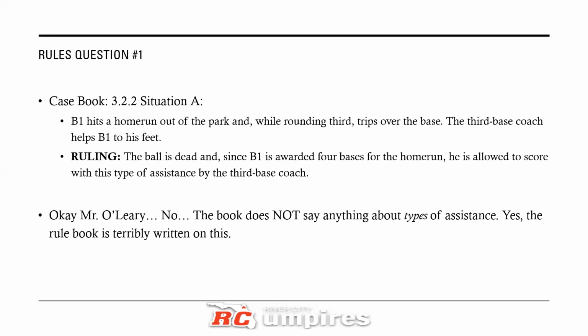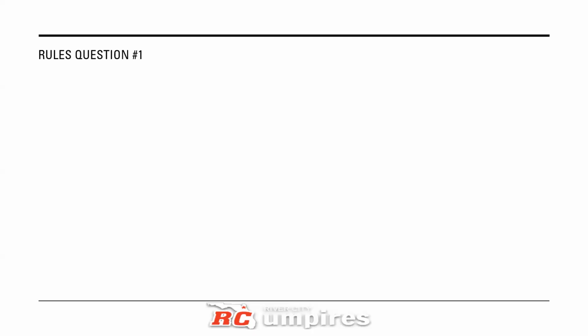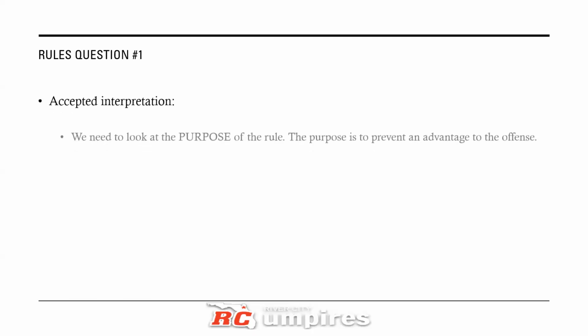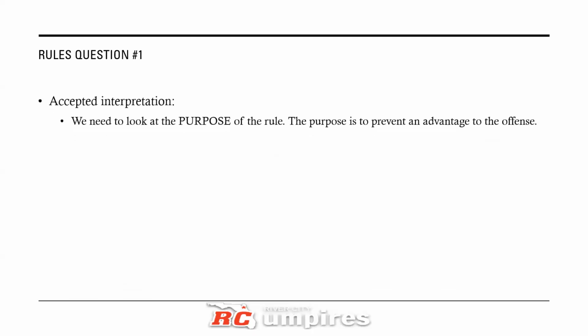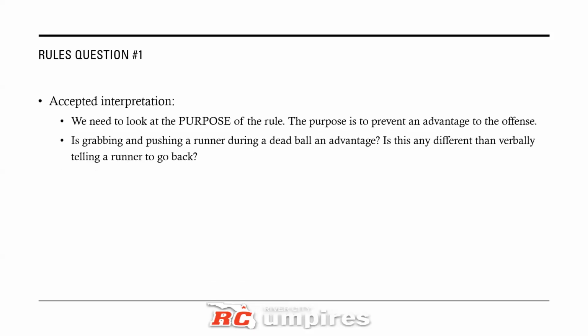All right. Because there are different types of assistance, the accepted interpretation of this is to prevent an advantage to the offense. The question we talked about last year was, is grabbing and pushing a runner during a dead ball an advantage? Is this any different than verbally telling a runner to go back if the ball is dead?